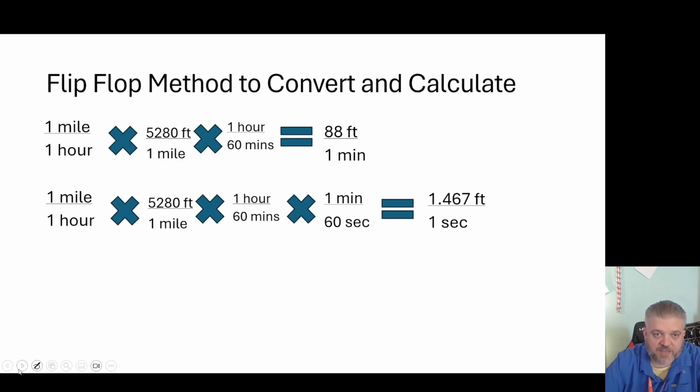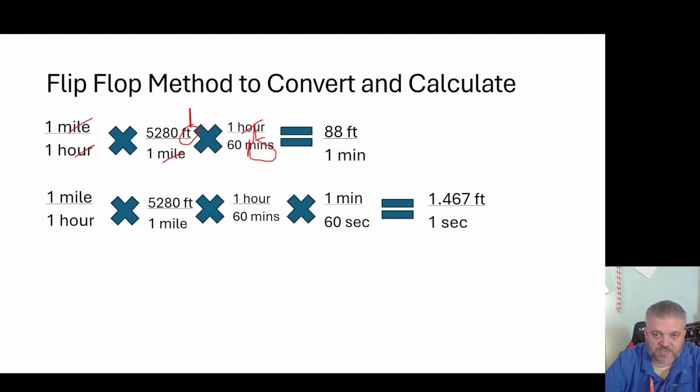Using the same flip-flop method, you can also come up with some other conversion rates that you can use. These might be helpful for your homework. 1 mile per hour, once you do the conversion, leaves you with feet per minute. 1 mile per hour is equal to 88 feet per minute.